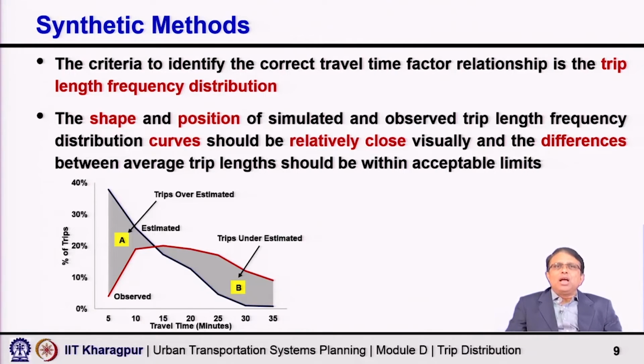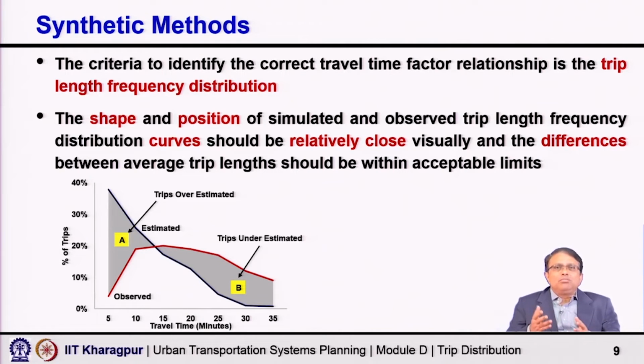The shape and position of the simulated curve, meaning what you have got from the gravity model output as I showed in the previous slide, and the observed trip length frequency distribution curve should be relatively close visually.